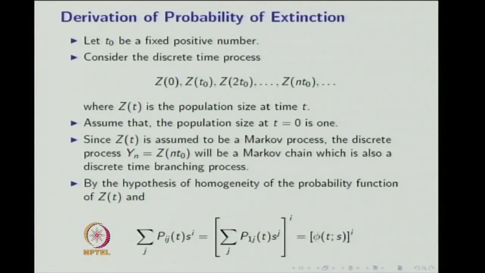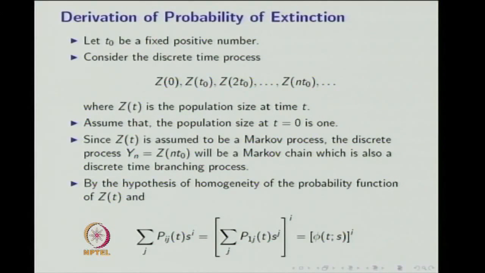Since Z(t) is assumed to be a Markov process, the discrete process Y_n, that is Z(n t_0), will be a discrete time Markov chain, which is also a discrete time branching process, because Z(t) is a continuous time branching process.